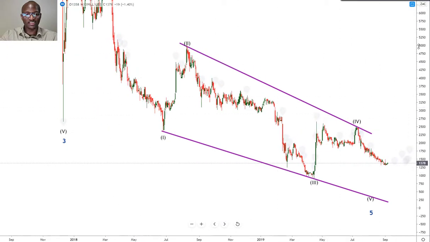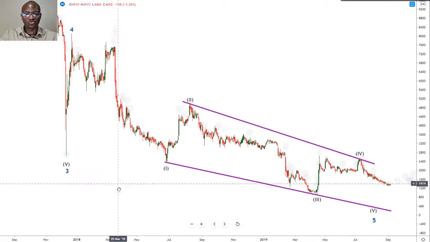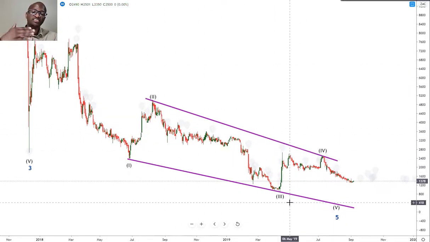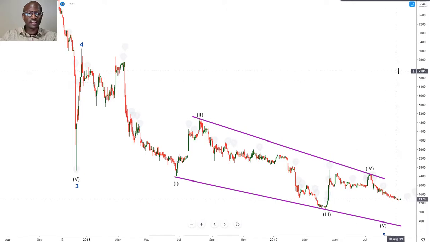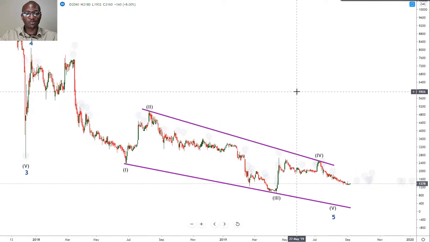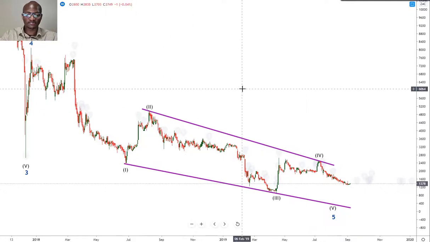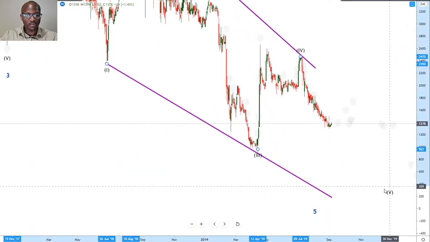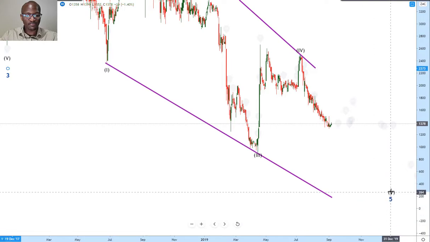And you can see that the market is starting to take a more sideways movement. So as much as the share price is still falling, it's falling at a decreased rate or declining momentum. And this is typical with falling wedges or ending diagonals. So now we are building up for wave 5 of wave 5.